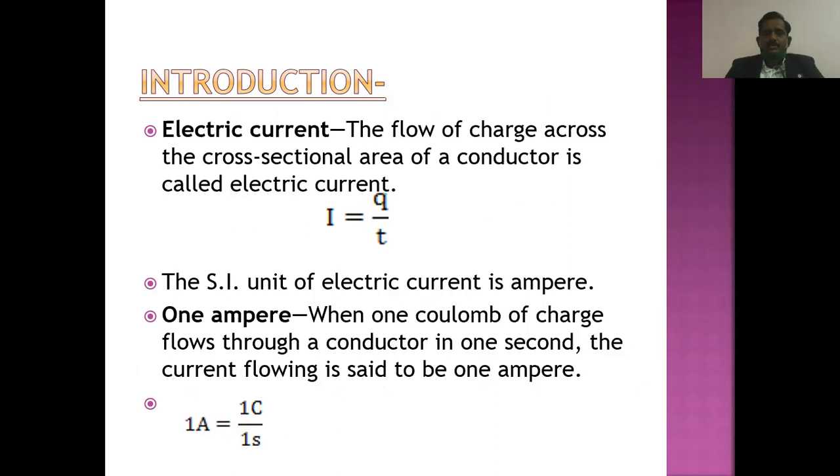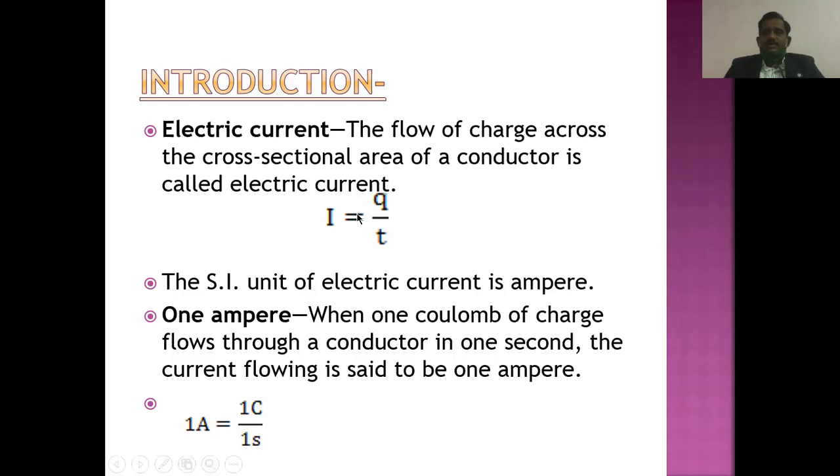Now, in this chapter, electric current is the main concept. Here, the electric current means a rate of flow of charges inside the conductor. The definition is such that the flow of charges across the cross-sectional area of the conductor is called as the electric current.